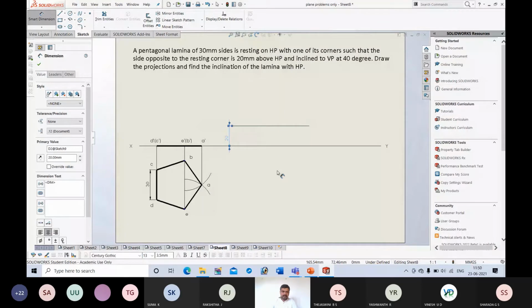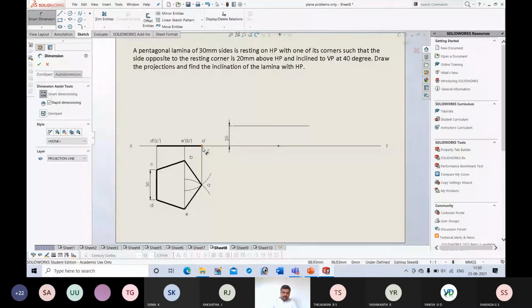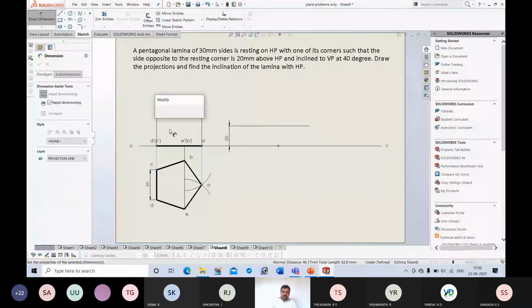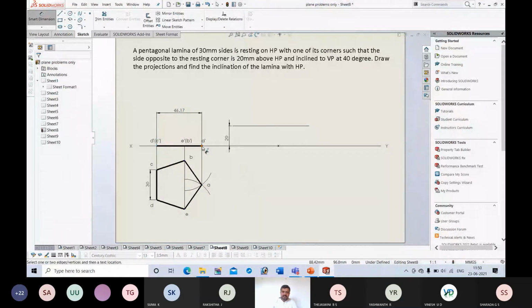Next, consider a point on the XY line like this. Use a compass. Take the radius as the length of the front view, that is A dash to D dash.